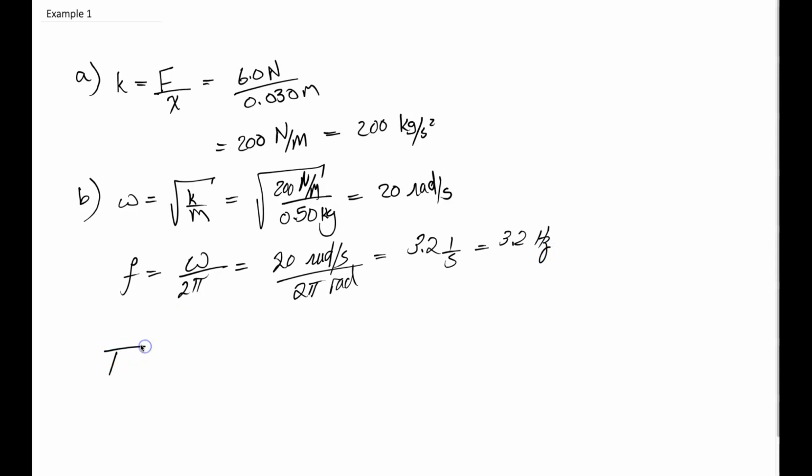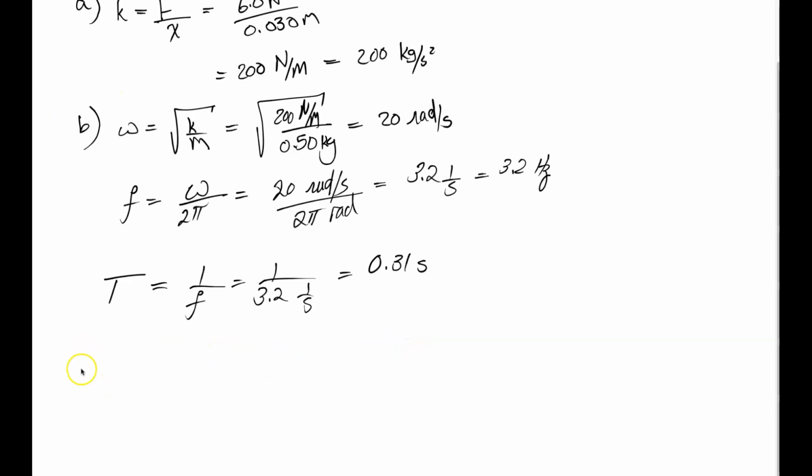And finally, the period, not finally, for B, the period is 1 over f, which is 1 over 3.2 per second, which is 0.31 seconds.